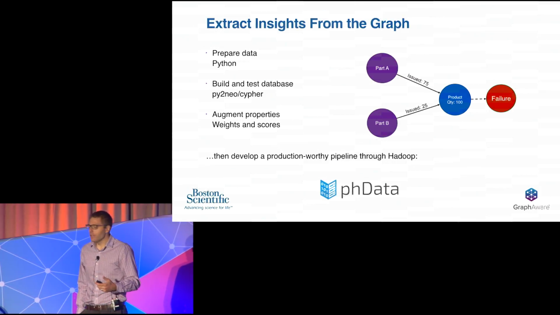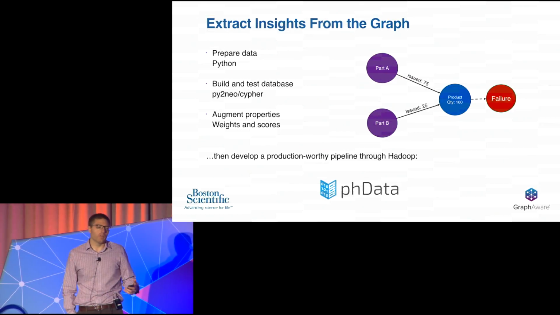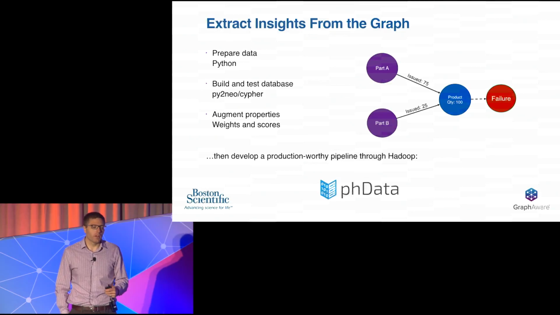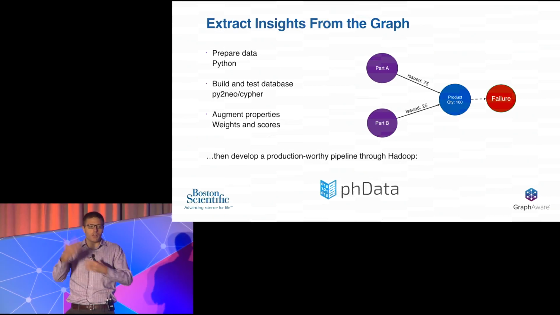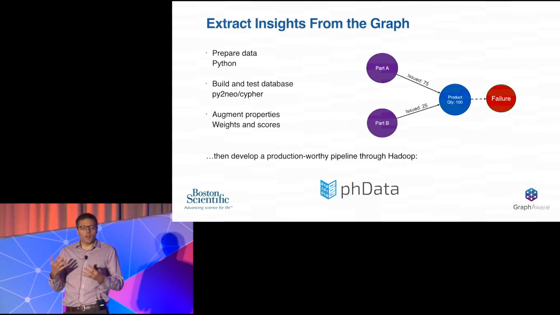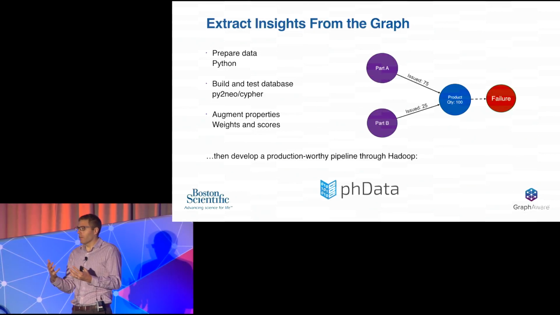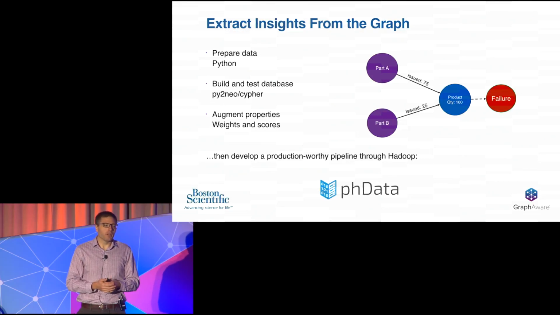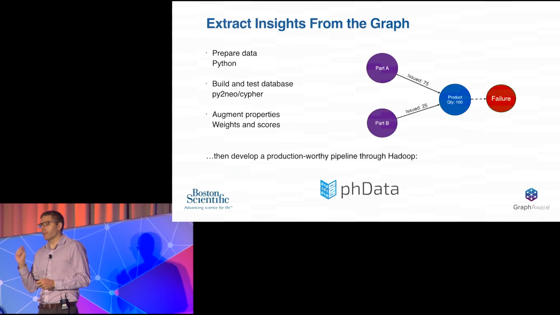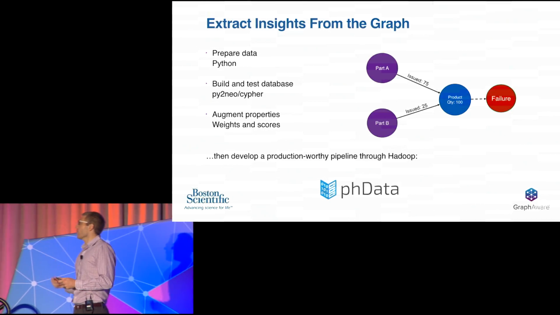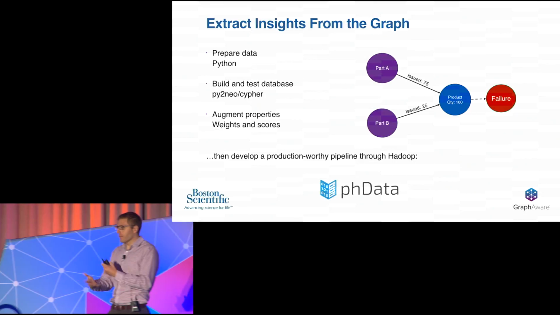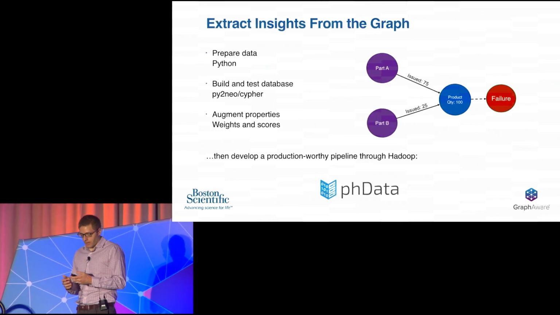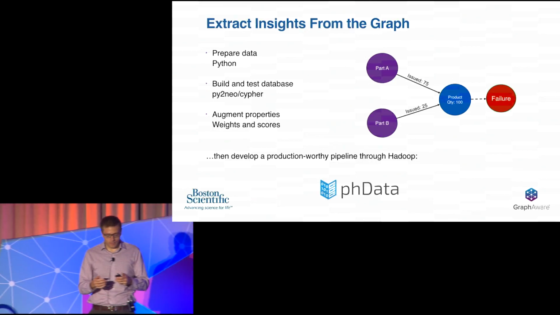Our data science team works mostly in Python. So we started off on our journey here preparing data in Python, building and testing a database using a pretty lightweight connector, Py2neo. I think that's on the buzzword bingo sheet, so make sure you use that. So we use Py2neo as a connection to use Python to write Cypher statements, build and test that database, and then augment the properties.